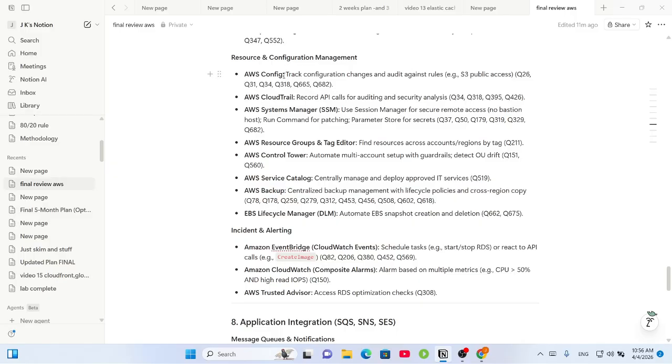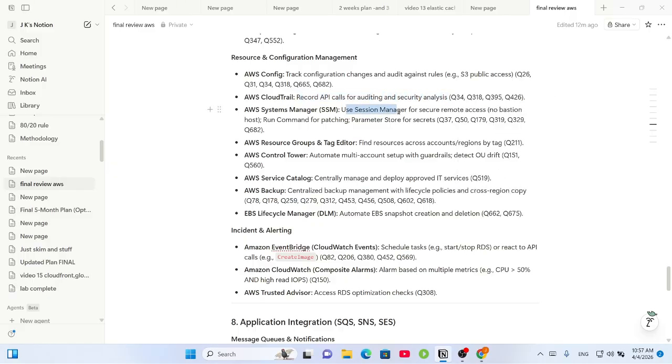We have AWS Config. This tracks configuration changes and audits against rules, for example S3 public access. And CloudTrail records API calls for auditing and security analysis.